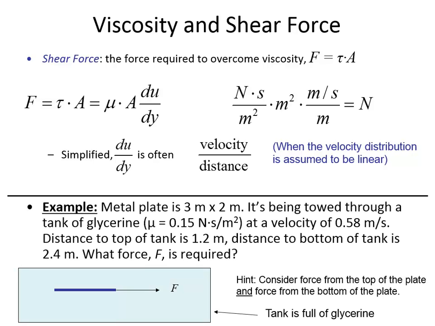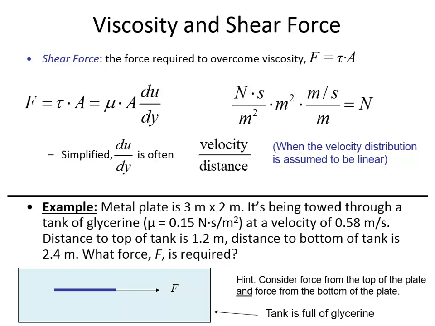All right, so if we calculate the force on the top of the plate, it's going to be the viscosity of the fluid, the area of the plate, and du dy. So we looked up right in the given information there that the viscosity is 0.15 Newton seconds per meter squared. The cross-sectional area of the plate is 6 square meters.